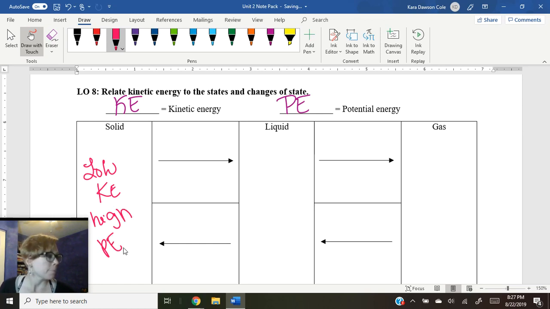Okay. And so we can talk about going from a solid to a liquid, which is melting, right? Now, as we go through the process of melting, we are increasing our kinetic energy, which means we're decreasing our potential energy, and we are adding heat.